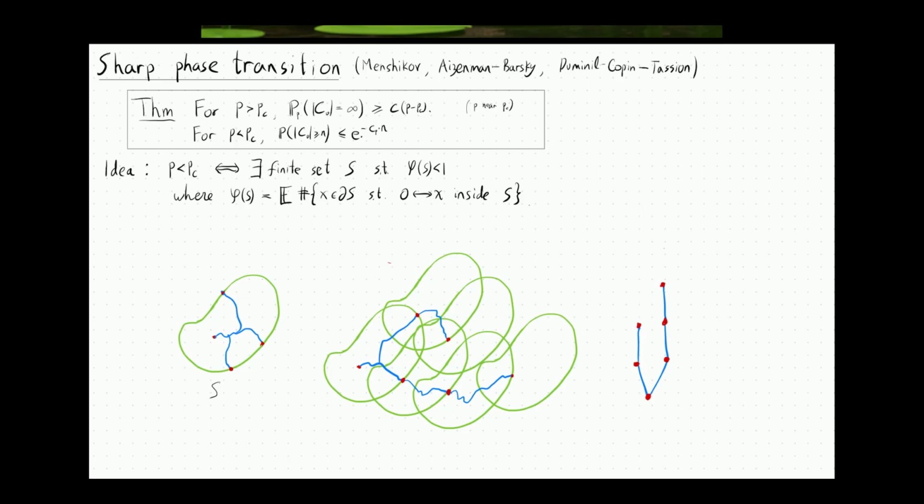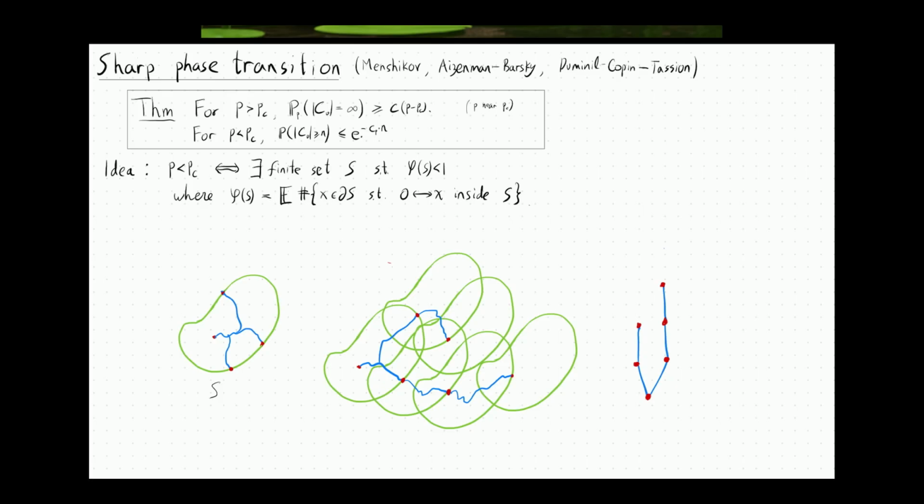The first is existence of the phase transition. It's not completely obvious that this model has a phase transition. Depending on lambda and t, maybe the process dies for any lambda, and maybe not. So one question is the existence of the phase transition. The other question is about sharpness of the phase transition.